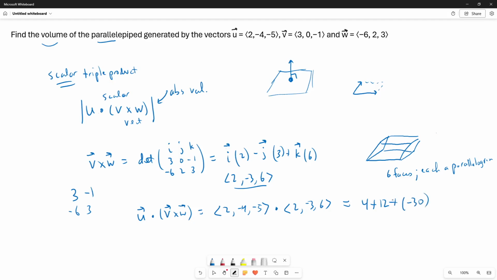So that plus was a little premature. 16 minus 30 is negative 14. And our volume will be the absolute value of this scalar triple product, which is the absolute value of negative 14. And that is 14.